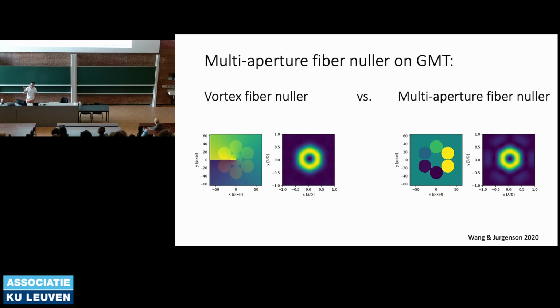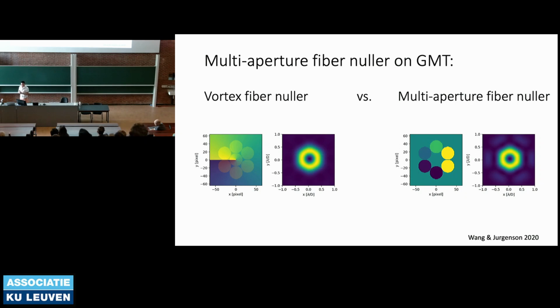So left is the pupil plane. You have these 7 sub-apertures. Each sub-aperture is 0.5 meters across, and then on top of it, you put a Vortex plate. And on the right-hand side, this is the PSF you are going to achieve. In the center, that's the starlight, totally nulled, and around it, that's the throughput of the planet.